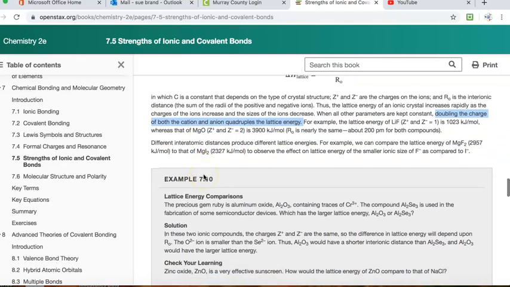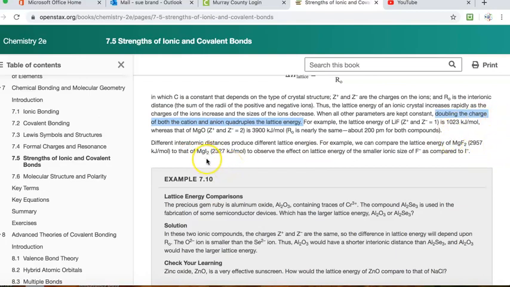Also, when you talk about distances between the atoms, that also affects the lattice energy. The smaller the distance, the greater the lattice energy strength. So for example, when we compare the lattice energy of magnesium fluoride, MgF2, to MgI2, fluorine is smaller than iodine.